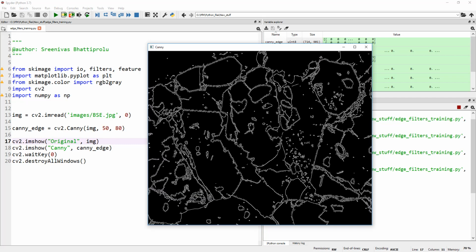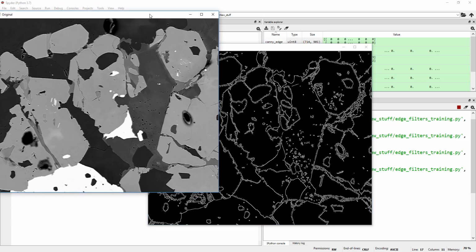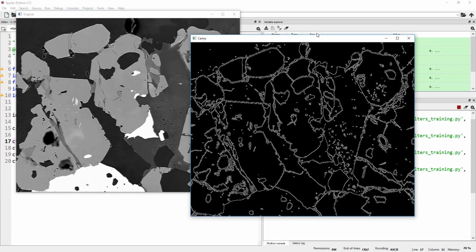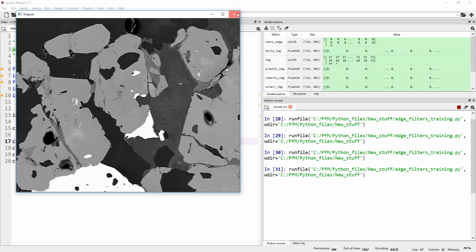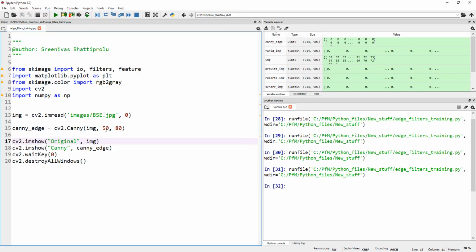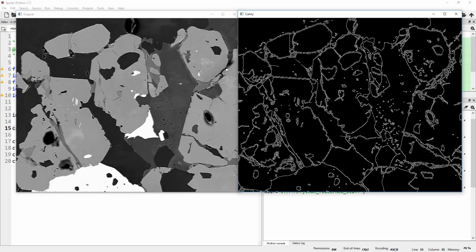And let's have a look at our original image and the Canny edge. It looks great, but as you can see, there is a lot of double edge going on right there. I don't like this image, and I don't think you'd like it too. What happens if I change this to, I don't know, 30 to 120? This is the problem, right? We don't know what works well.